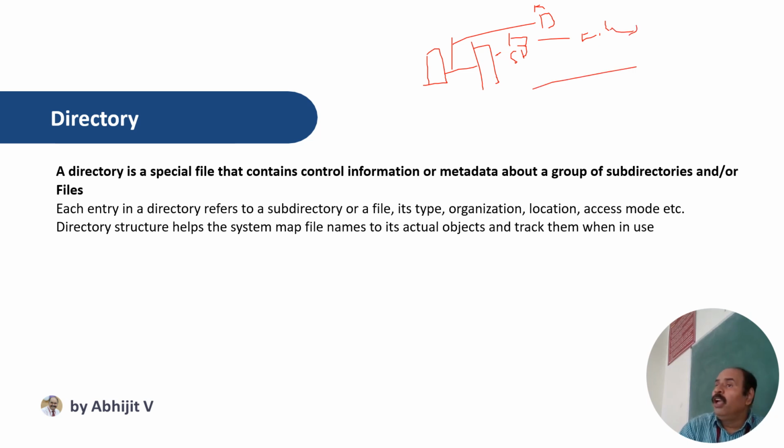Every directory can contain multiple types of files. Each entry in a directory refers to a subdirectory or a file, with its type, its organization, its location, its access mode, etc. So the directory structure helps the system map file names to its actual objects and track them when in use.